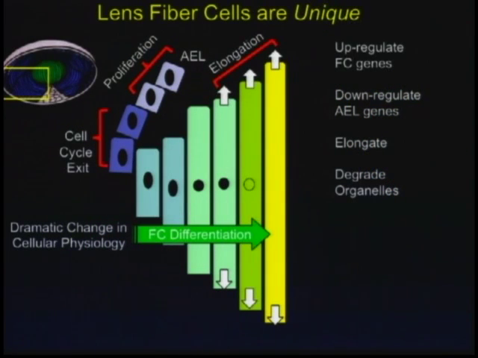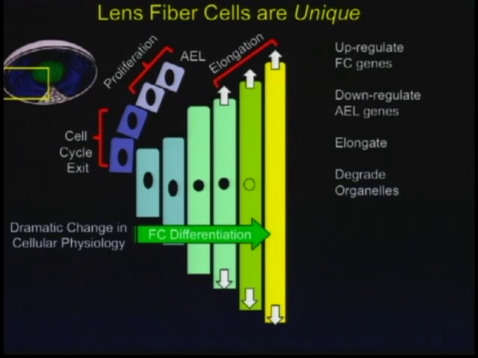So as a lens biologist, I would like to believe that lens fiber cells are unique. And why I say unique is because when an epithelial cell exits the cell cycle, it undergoes a dramatic change in cellular physiology. It has to upregulate genes which are expressed in a fiber cell specific manner, and it has to downregulate genes which are expressed in the anterior epithelium.